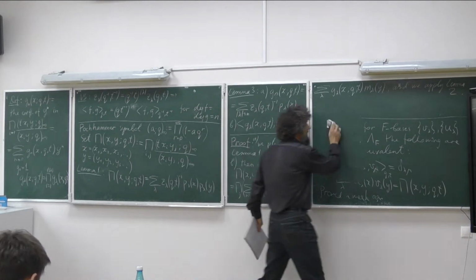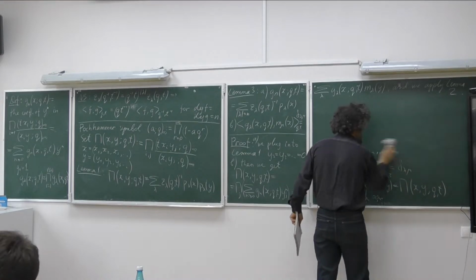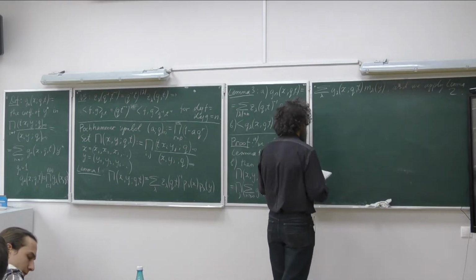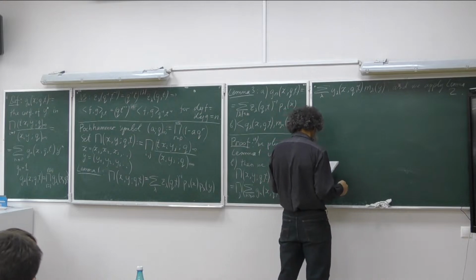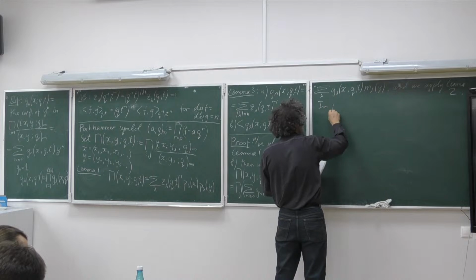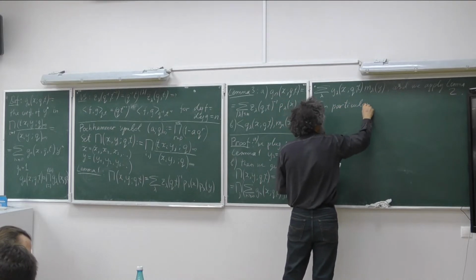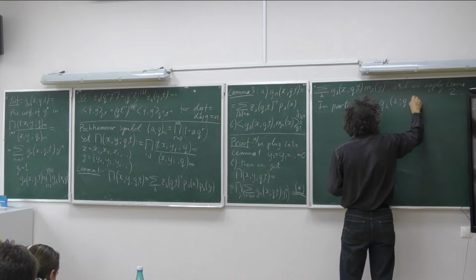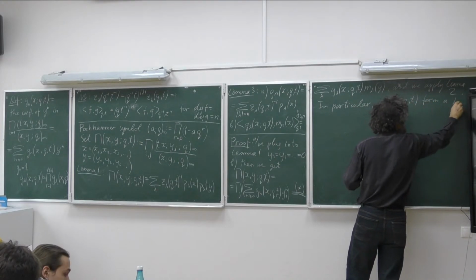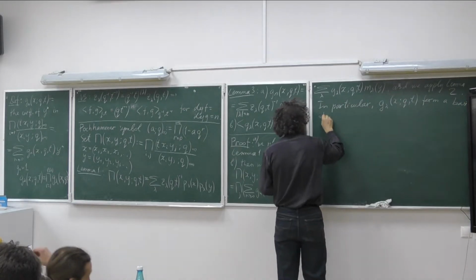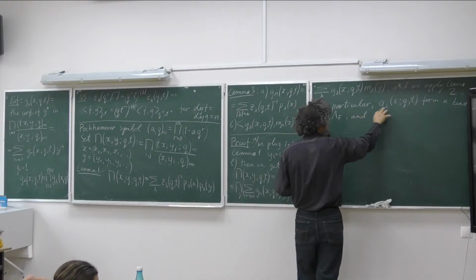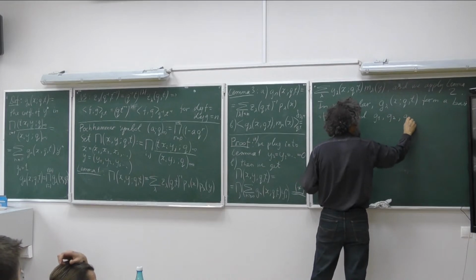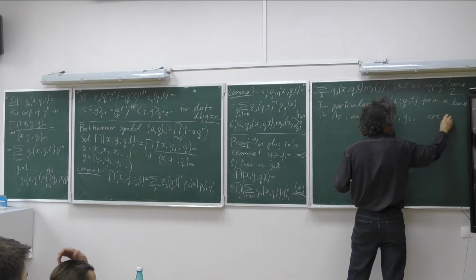So no problem. So in particular, g lambda of x, q, t form a basis, since it's a dual basis, and hence, since it's multiplicative, then g1, g2, g3, and so on are generators.